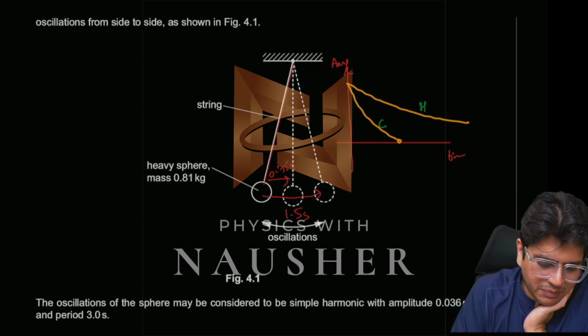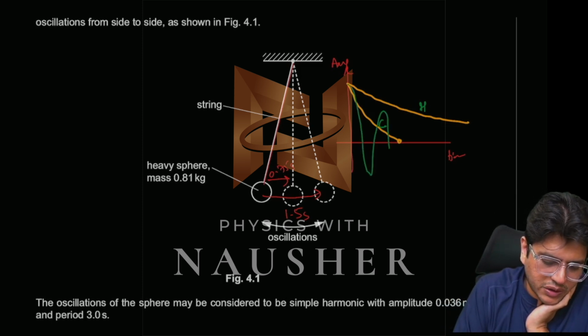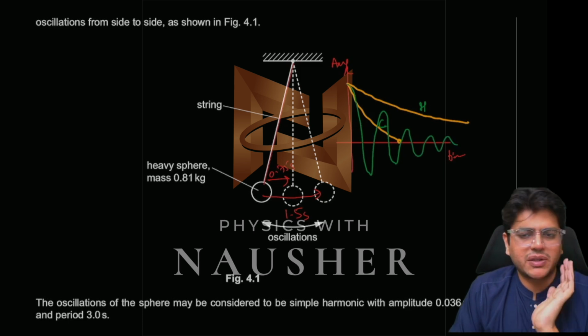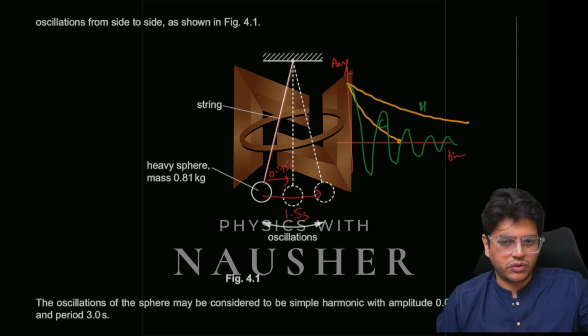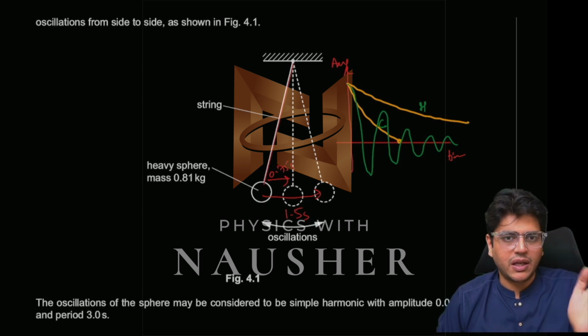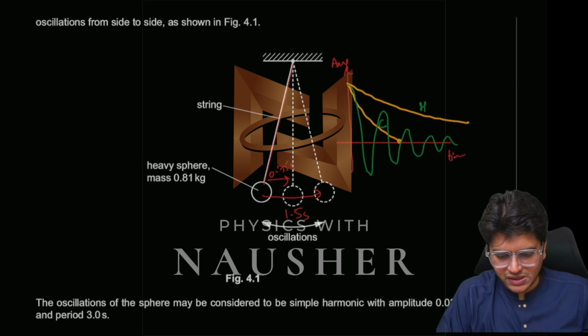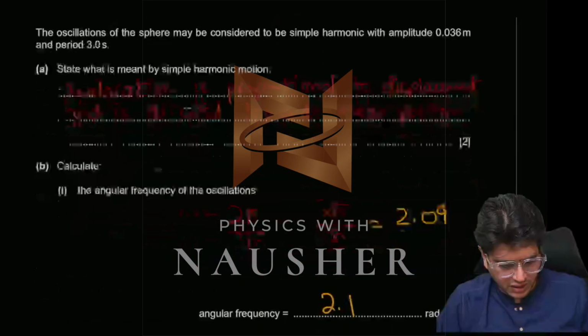And what is light damping? Light damping is this, in which you have clear oscillations, and this is what usually happens in most oscillations in the real world when you are doing pendulums in class or in lab. So this is light, heavy, and critical.